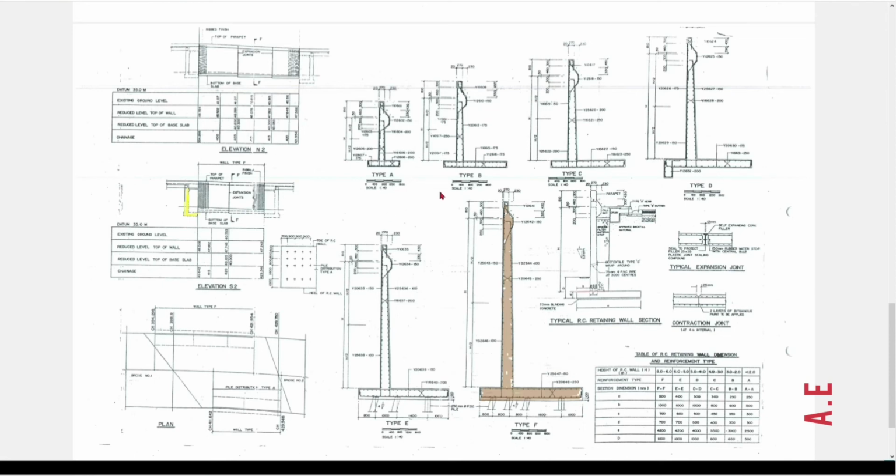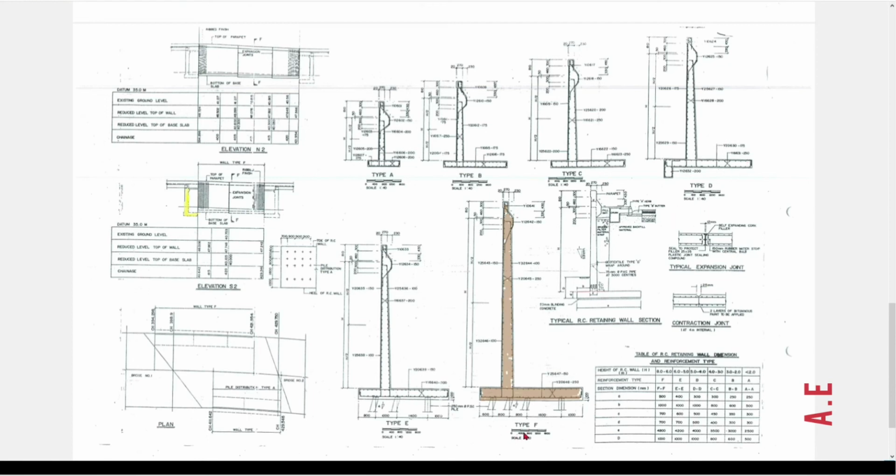For type A, type B and type C, the wall were designed based on bearing capacity of the soil. Type D was also designed for bearing capacity. However, there is a key provided at the bottom of the base slab. This is to resist the horizontal force.